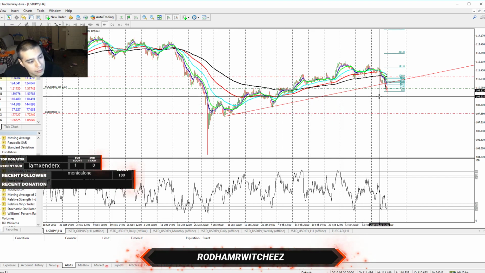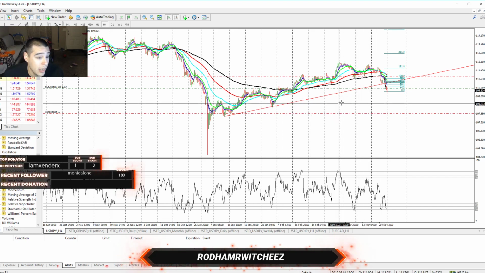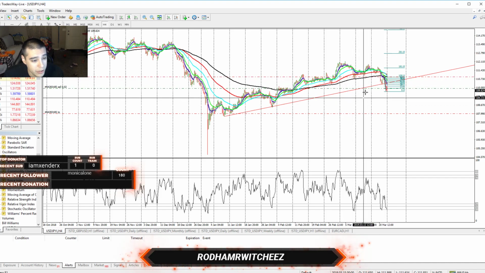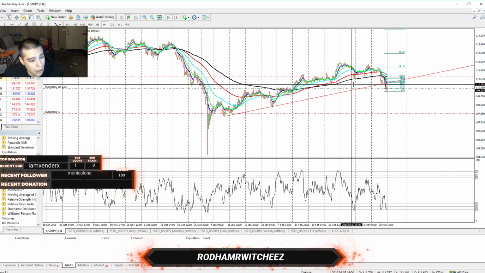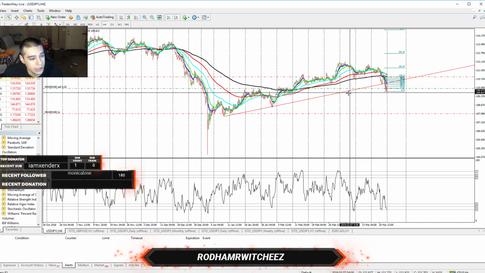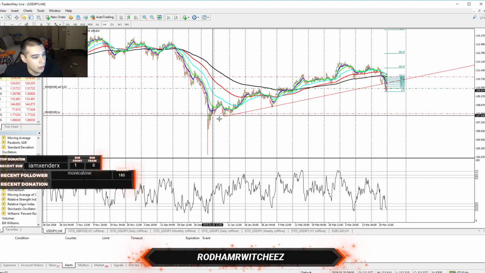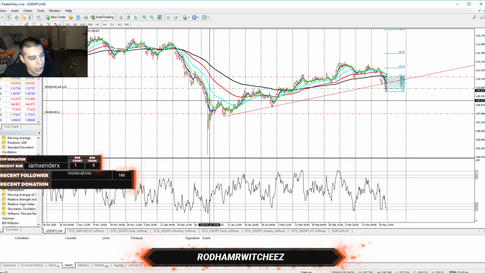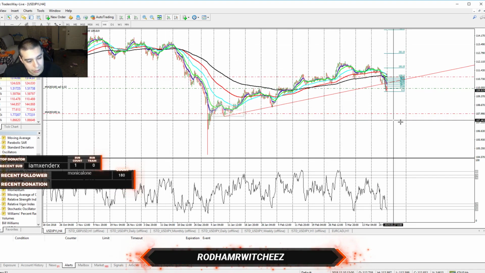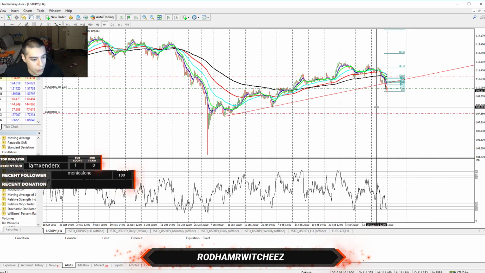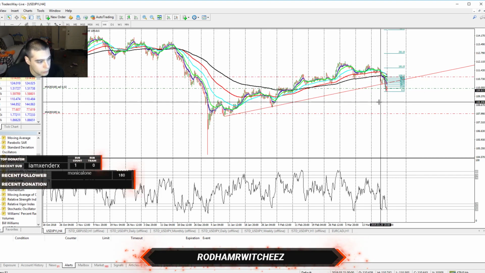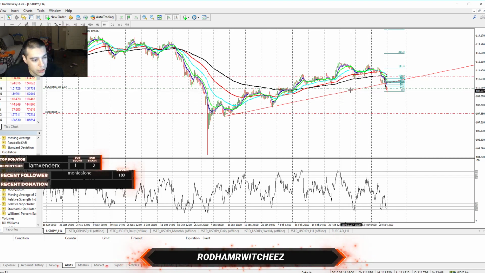So it could be a possible 200 pip trade, and that's really good for this particular pair that doesn't move that much really. But the moves that it does make, they're pretty fluid. They kind of go up, they kind of go down, and down, up, and maybe another drop to the downside. So it doesn't go against general rules.